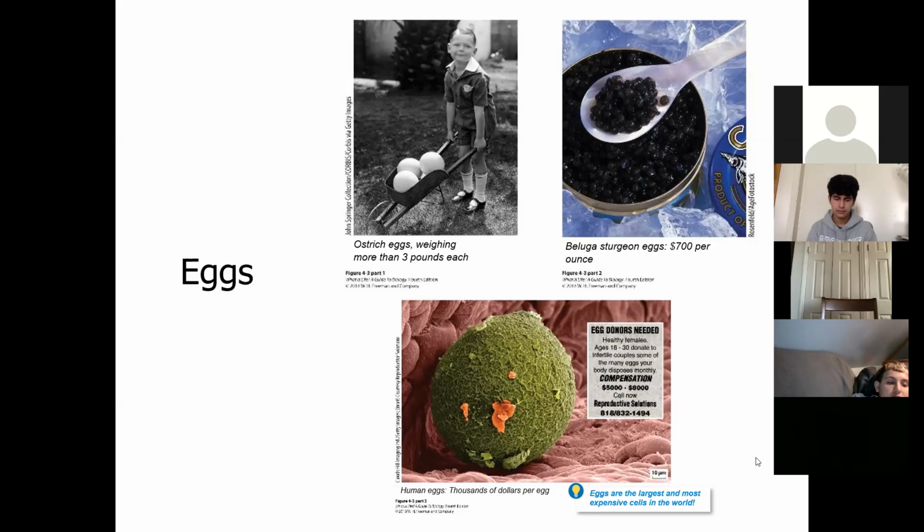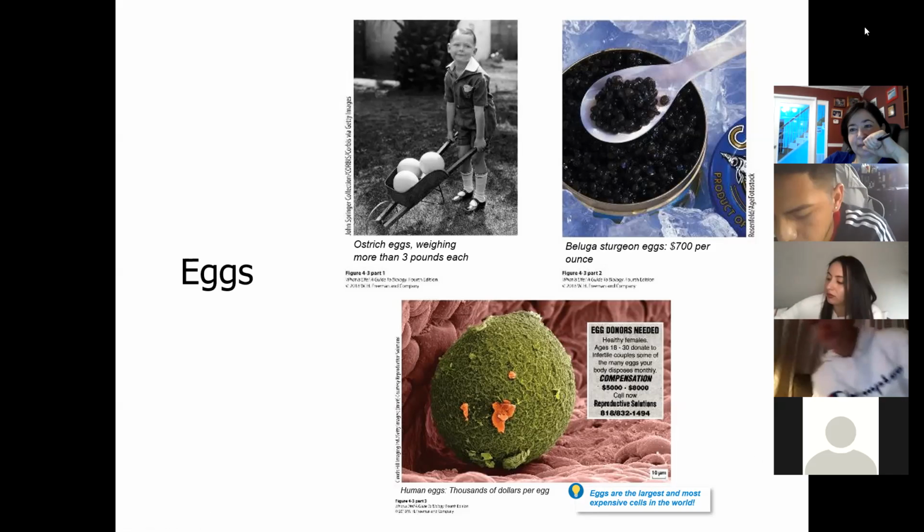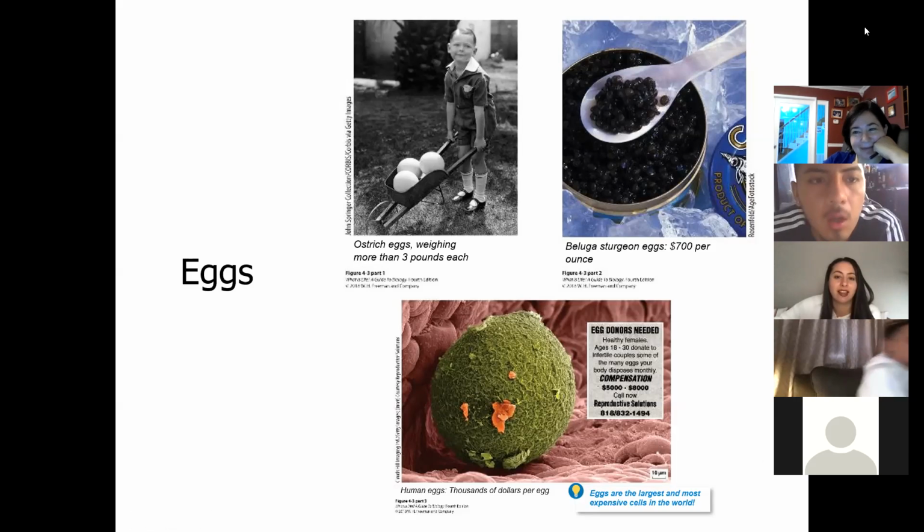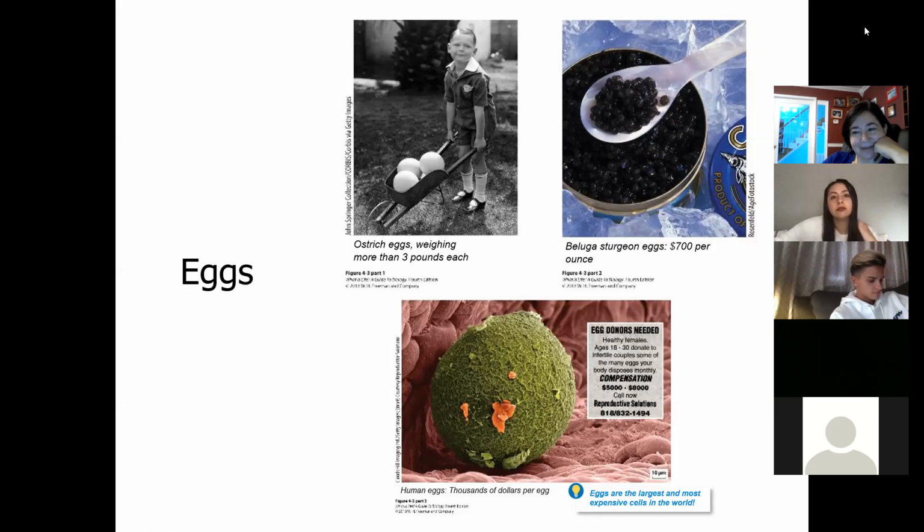Don't say for us to eat, please. Aren't eggs living organisms inside? If we were not to eat it, an animal would be born from the egg. It's basically a living thing developing inside the egg.